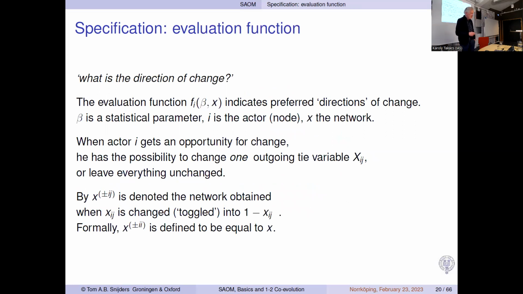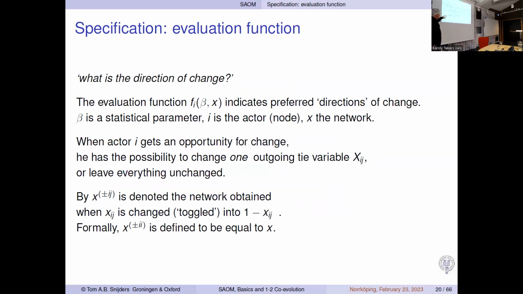For the evaluation function, as I said, the evaluation function defines the probabilities of change. If the current network is X, and X plus or minus ij is the network in which xij, so I have in mind the adjacency matrix of the network.